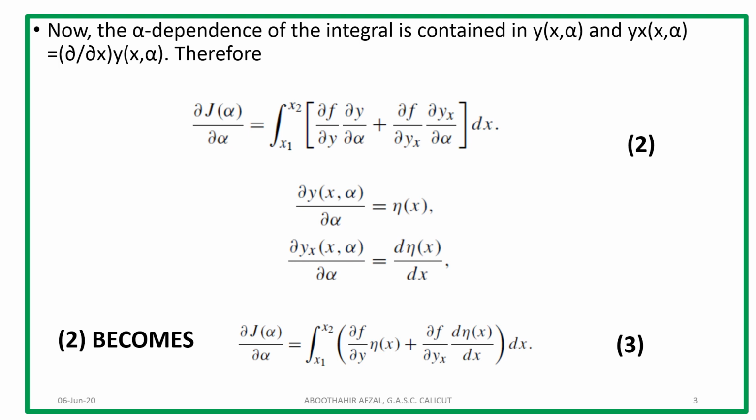Therefore equation 2 becomes dou J by dou alpha is equal to integral x1 to x2 of dou f by dou y into eta plus dou f by dou y_x into d eta by dx, that into dx. Hope this step is clear. Now going to the next slide.